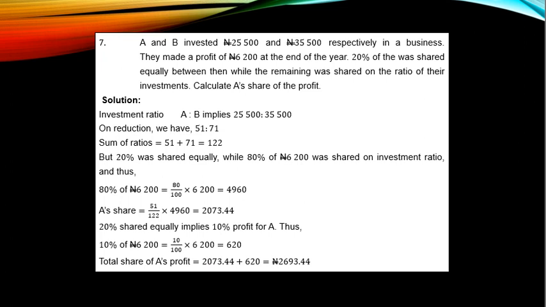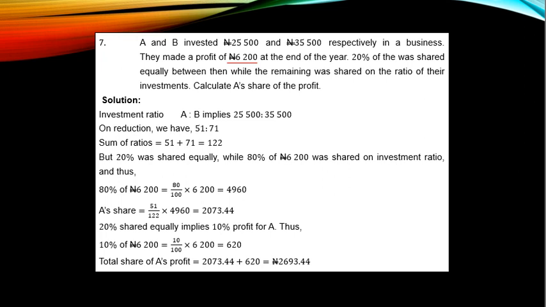Example 7. A and B invested 25,500 naira and 35,500 naira respectively in a business. They made a profit of 6,200 naira at the end of the year.